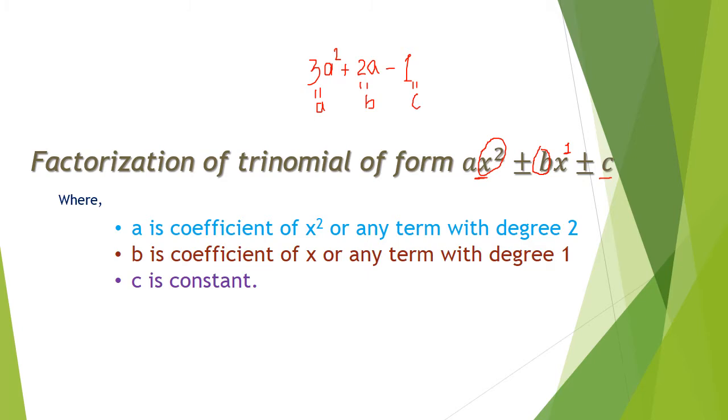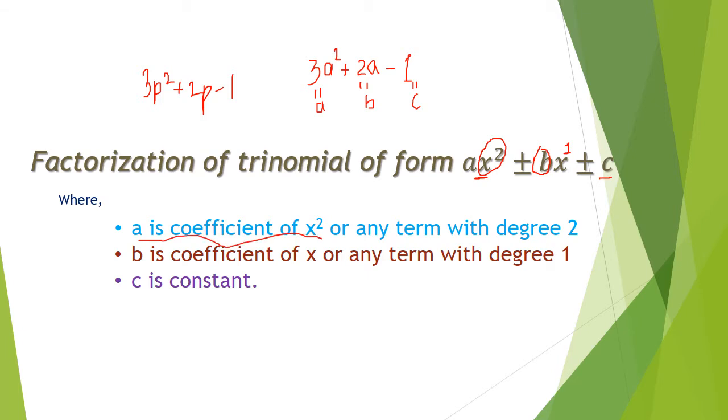So here you don't have to be confused, because the question can be asked in the form of x, y, b, or p also. The question may be asked like this: 3p square plus 2p minus 1. Here there is no x, but we have learned that a is the coefficient of x square.